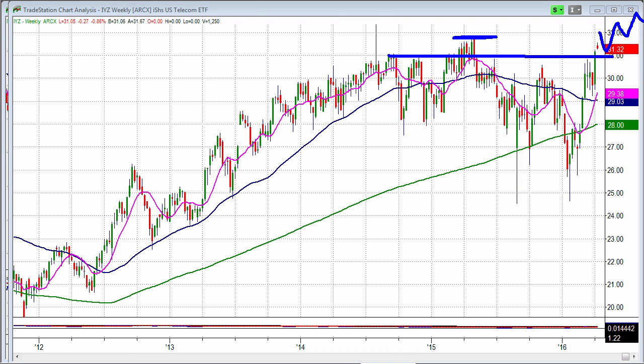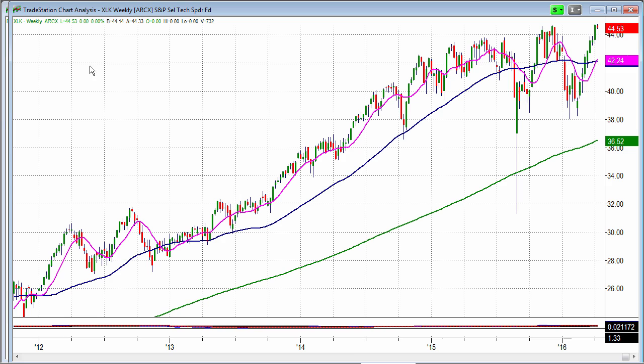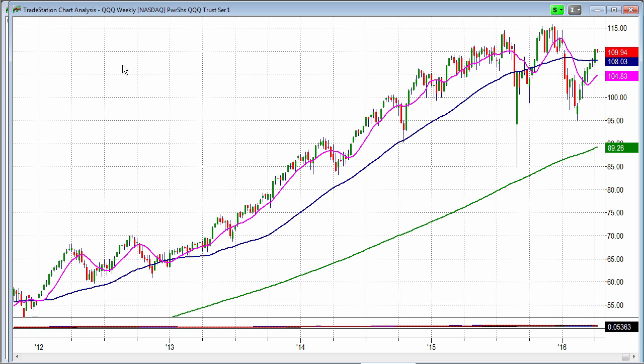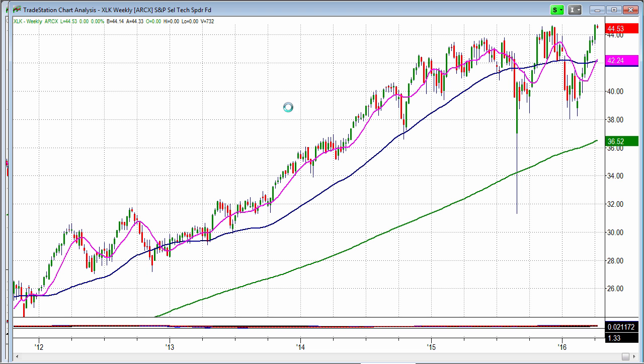All right, now another index that you may not have been focused on but looks incredibly interesting is XLK, all right, the technology ETF. So even the Qs are not near, let's take a look at the Qs just to put some perspective. Even the Qs are not near that 2015 high, but XLK, just a different group of technology stocks, is.